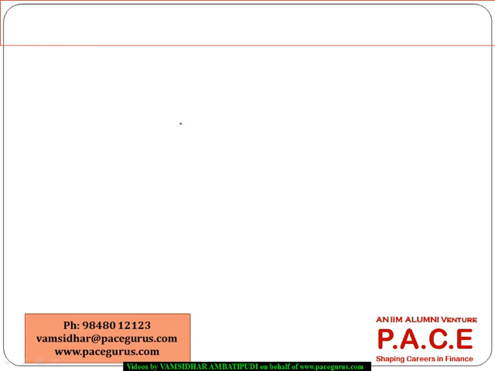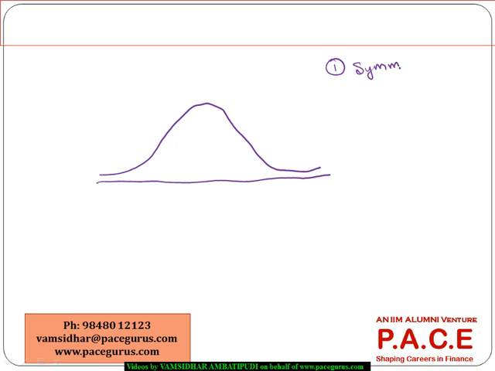Just to understand the world of normal distribution, when I try to plot the frequencies of the various observations, this is the shape that comes out for the typical frequency distribution. One, it is symmetrical, which means the values are equally distributed on both sides of the center. It has a bell shape, as we are seeing in the picture.